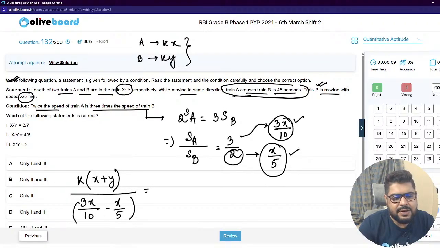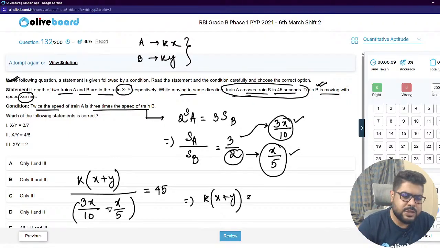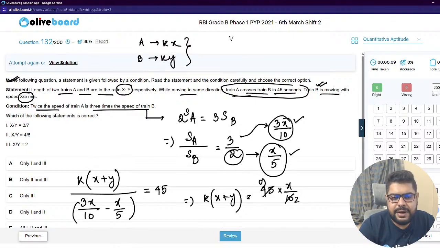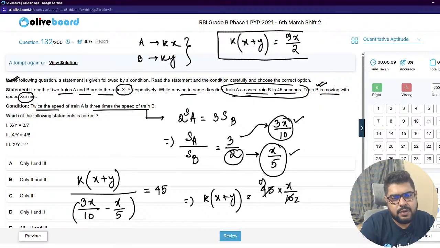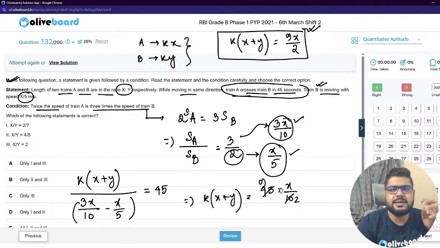That is equal to time, which is given as 45. That's the equation, sir. So k into x plus y is equal to 45 into x by 10. Ultimately we are getting k into x plus y is equal to 9x divided by 2. This is our equation, the master equation.